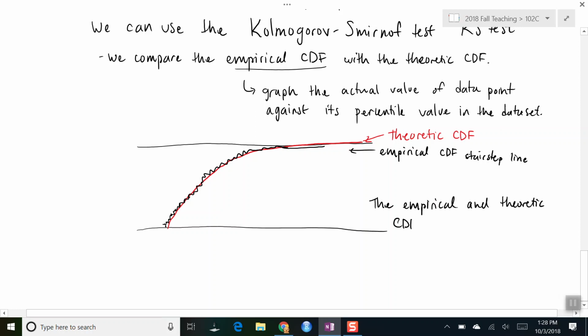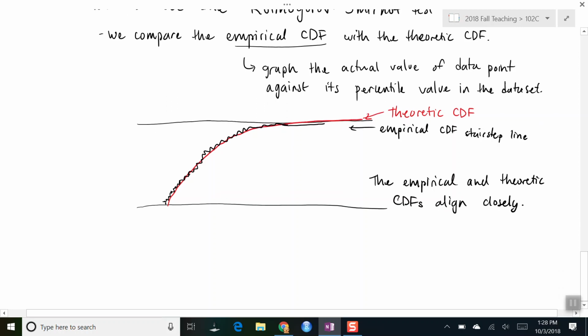And so this would be an illustration where the empirical CDF and our theoretic CDF align quite closely.